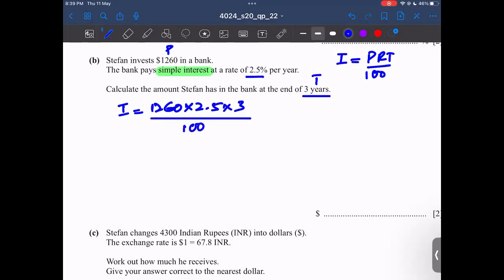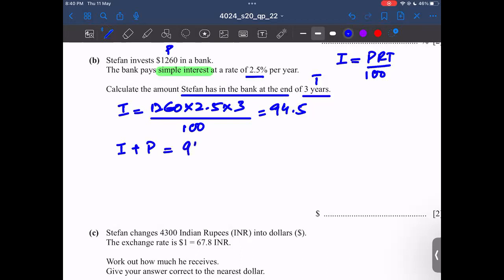After calculation and simplification, 1,260 multiplied by 2.5 multiplied by 3 divided by 100, you will get 94.5. Since they are not asking for the interest amount, they are asking about the amount that Stephen has in the bank at the end of 3 years. So at the end of 3 years, he will have the interest amount plus the amount he has invested.